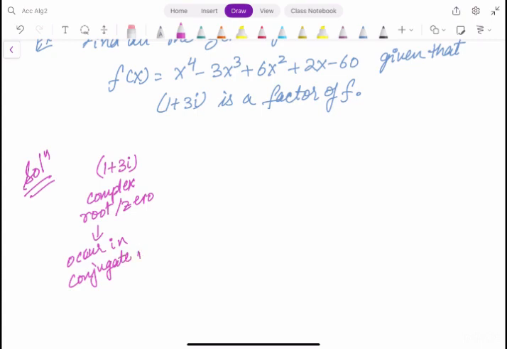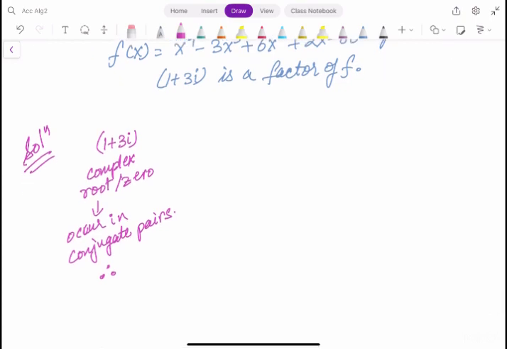Conjugate pair, and that is why 1 minus 3i is also the root. Now, once I know there are two roots, we can write in the linear factorization format the factors of f of x.